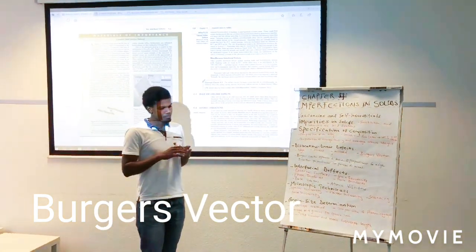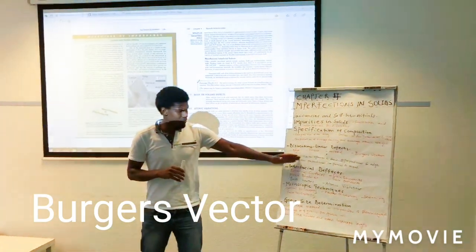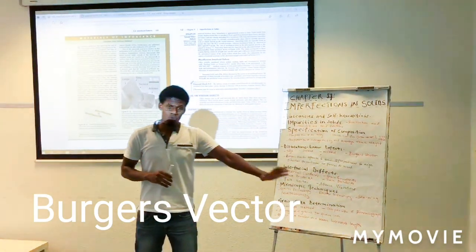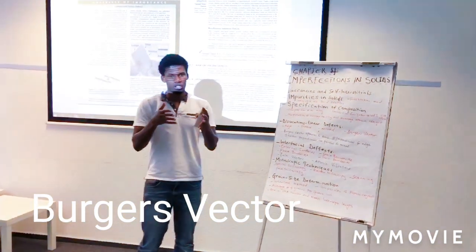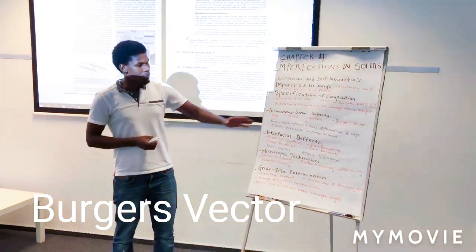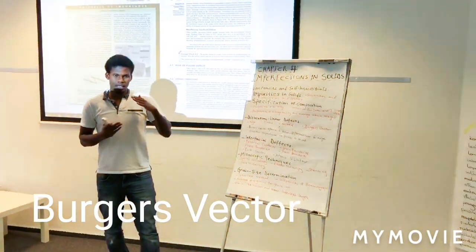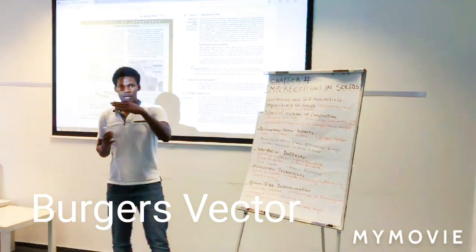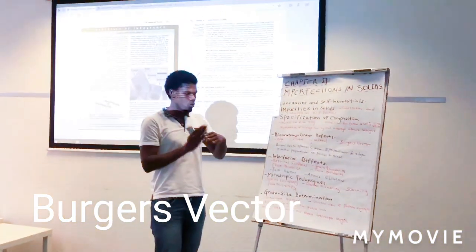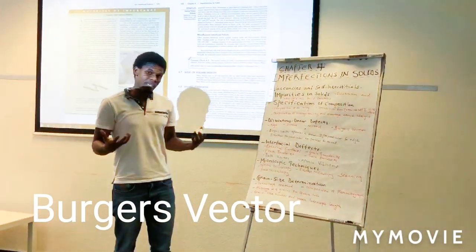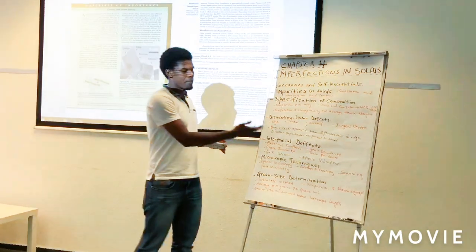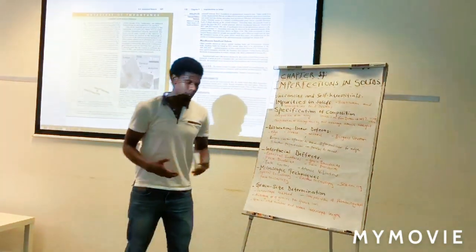The Burgers vector is parallel for screw, meaning it goes with the direction the dislocation is going. When it is perpendicular, if the dislocation is going this way, the vector is going the other way. For the mixed defect, it's neither perpendicular nor parallel.